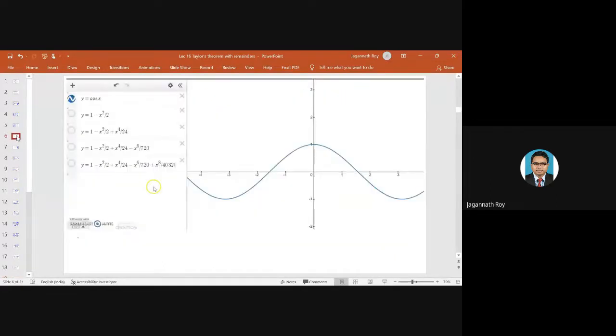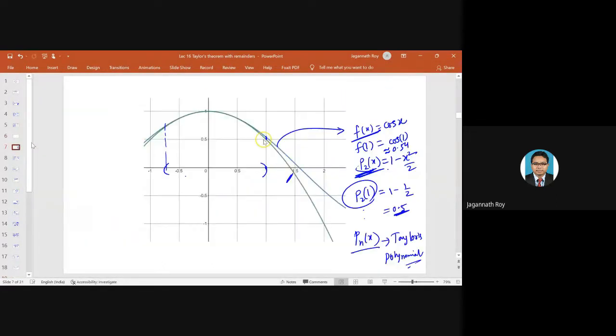Let me, here, not there. The error that we have seen here, this is 0.54 and this is 0.5. So the error is 0.54 minus 0.5. So there will be 0.04. So error will be this much. Okay.